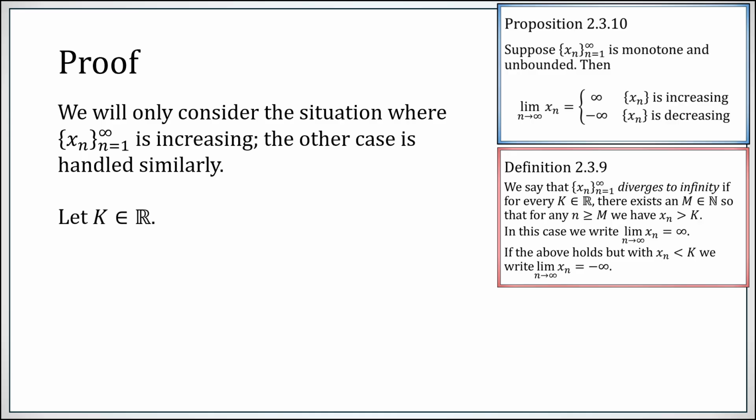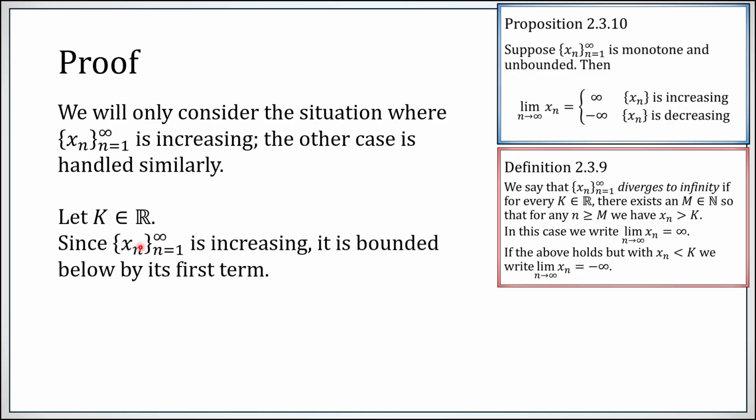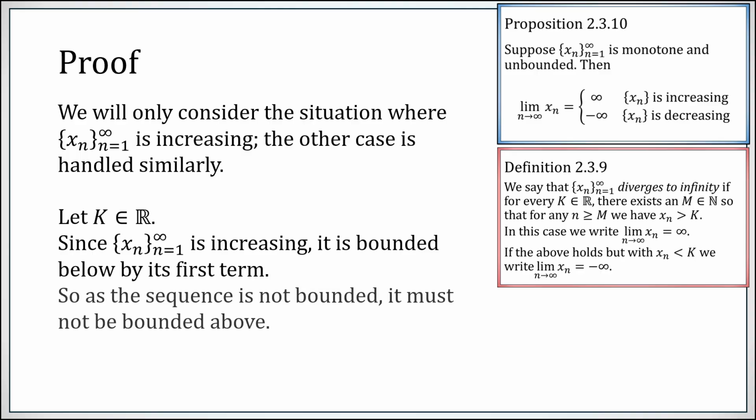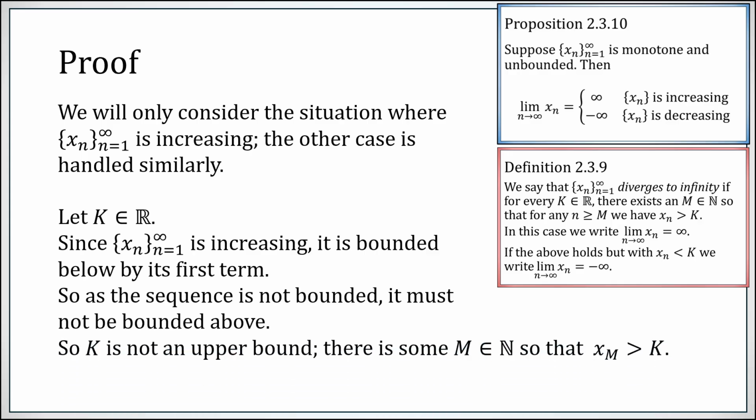So according to our definition, we need to do something for every k in the reals, so pick an arbitrary k. Since the sequence is increasing, it is bounded below by its first term. But the sequence is not bounded, so it is not bounded above. If the sequence was assumed to not be bounded, but we know it's bounded below, it must be unbounded above. Therefore, k is not an upper bound.